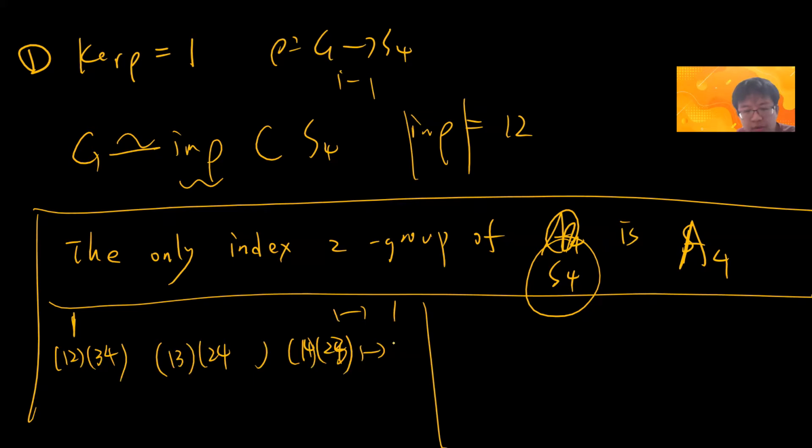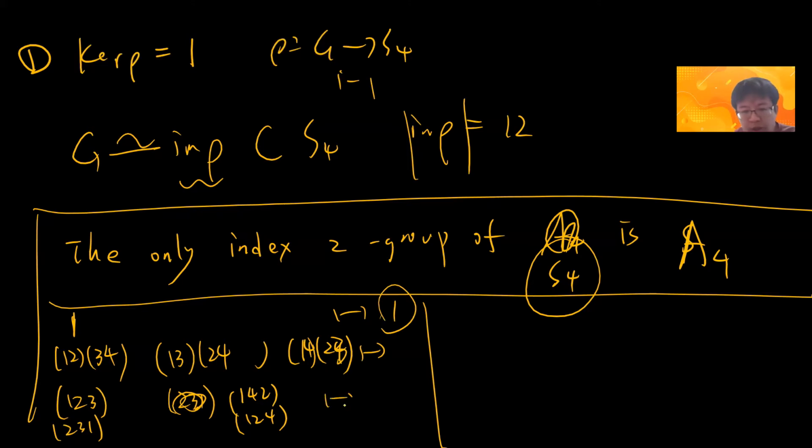This is one type, and then you can also get 1, 2, 3, 2, 3, 1, and also 1, 4, 2 or 1, 2, 4. So there's one where you didn't change any element, then you permute two of the elements, and then you permute 3 of the elements.